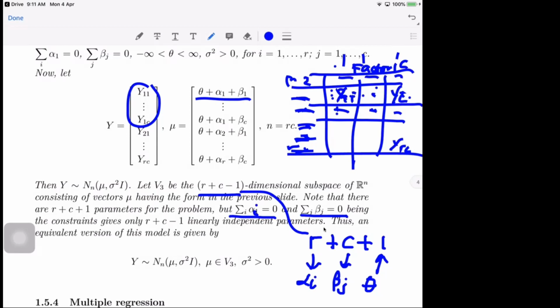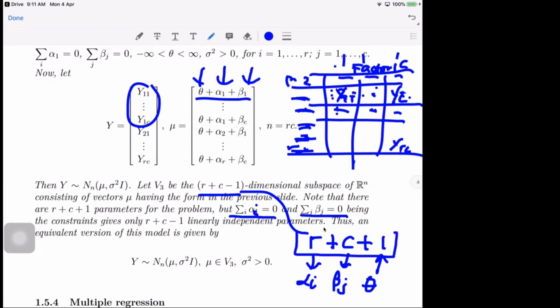Because you will see later in ANOVA how there are 3 parameters here, but then again, the design matrix will be linearly dependent. So to make your estimates estimable, or you can estimate it uniquely, you have to set some constraints on that.